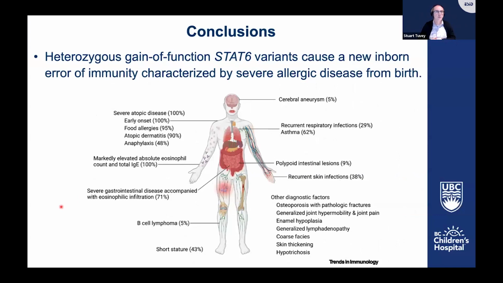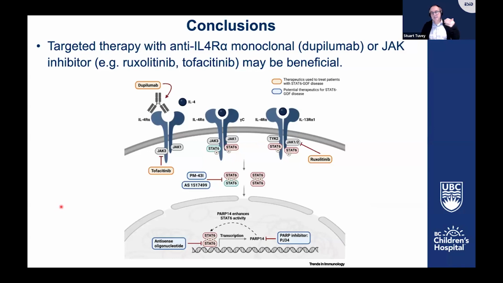So to conclude, I think heterozygous gain-of-function variants in STAT6 are really the newest primary atopic disorder to be discovered. And these are characterized by severe allergic disease from birth. We're starting to understand the mechanisms of that, including profound Th2 skewing.